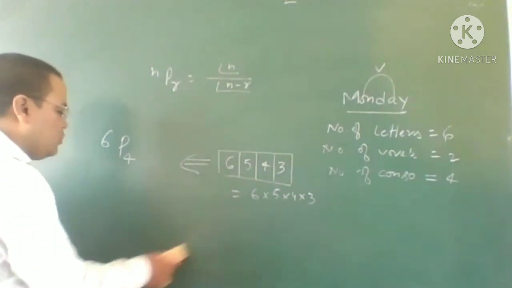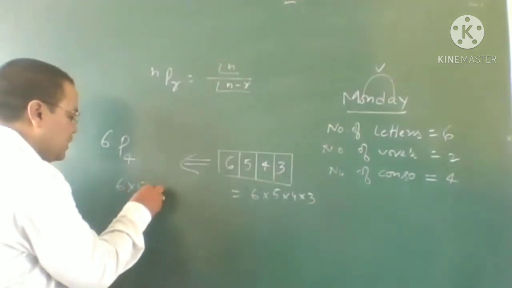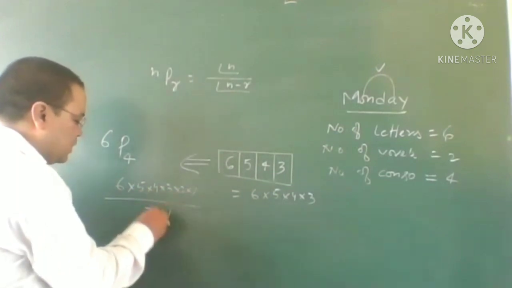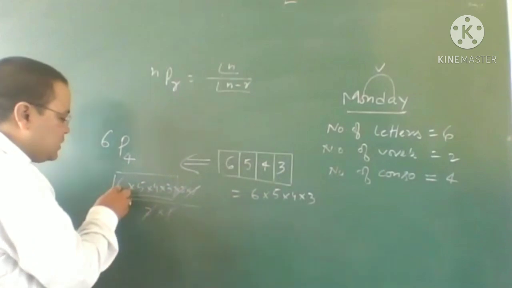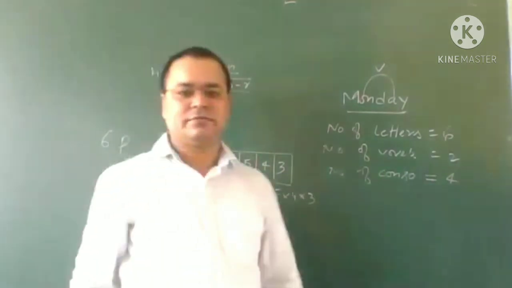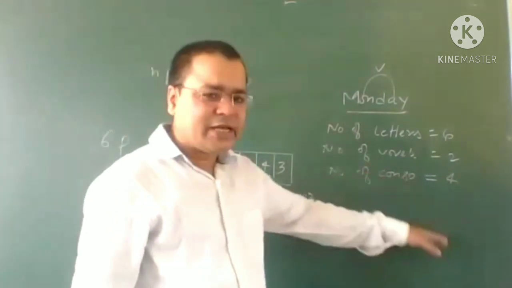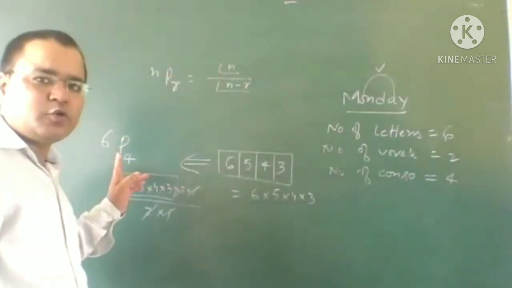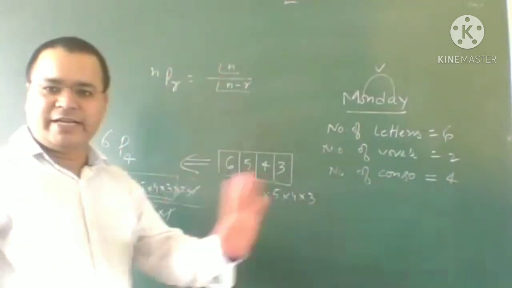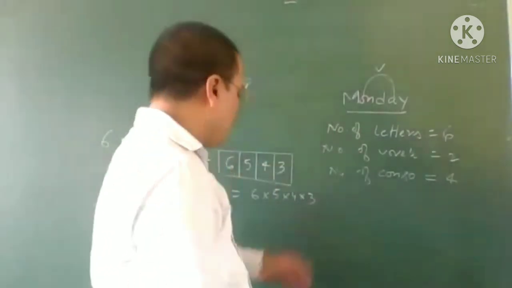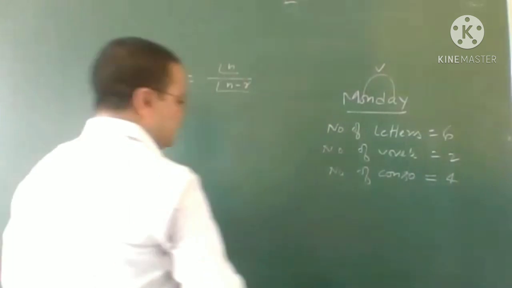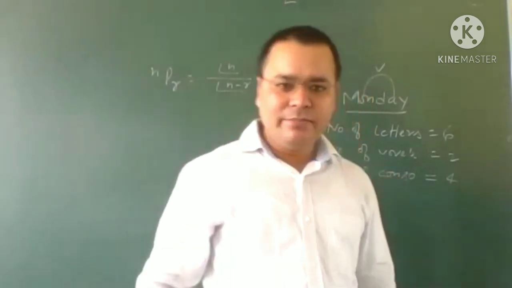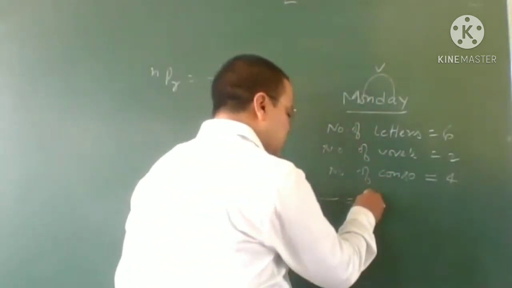Factorial 6 can be written as 6 into 5 into 4 into 3 into 2 into 1, and factorial 2 can be written as 2 into 1. The 2 cancels, so this is 6 into 5 into 4 into 3. This way can be represented in the form of permutation 6P4. So therefore, according to the first condition, 4 letters are used at a time using how many ways?